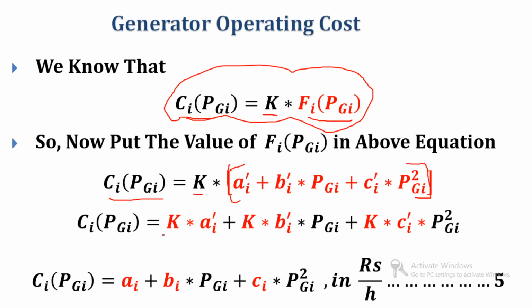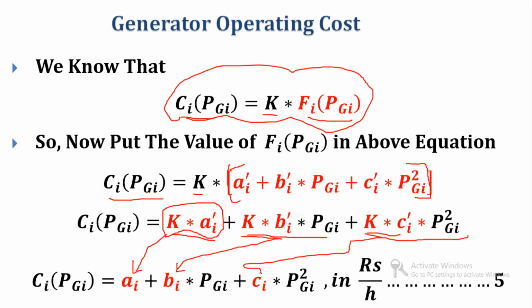So Ci of Pgi equal to K into Ai dash plus K into Bi dash into Pgi plus K into Ci dash into Pgi square. Now this constant K into Ai dash, I can write simply as Ai. K into Bi dash I will write simply as Bi, and K into Ci dash I will simply write as Ci.